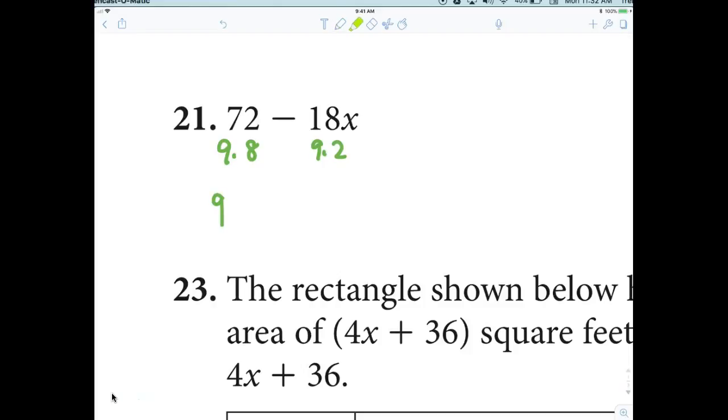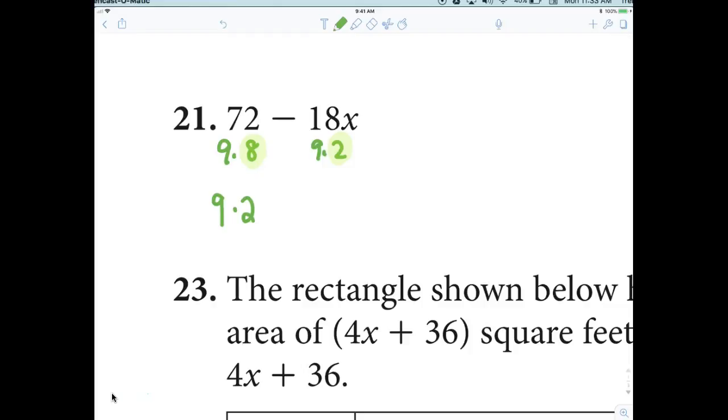Now, I'm glad she made a mistake because I need to show everybody. See that 8 and the 2 that I'm highlighting? Is there anything common with 8 and 2? Another 2. Do you agree? So the answer, technically, is 9 times 2. Did everybody see what I did there? Most people can see that it's 9, but a lot of people can't see that it's 18. That's why I say it's important to write that out. Did everybody see that?